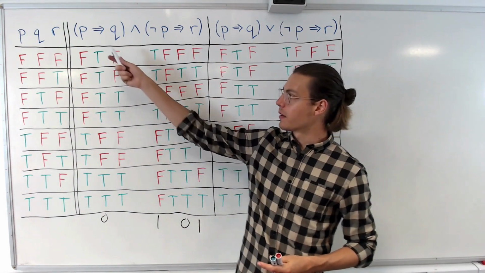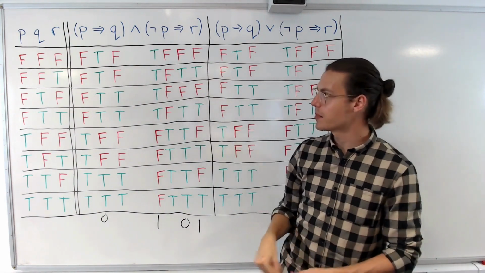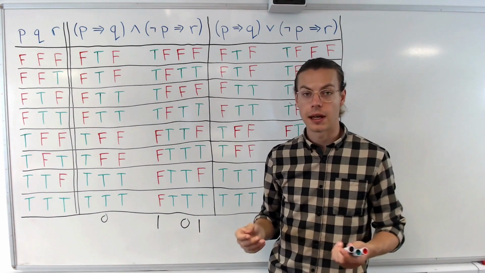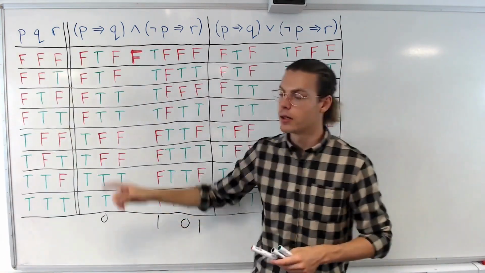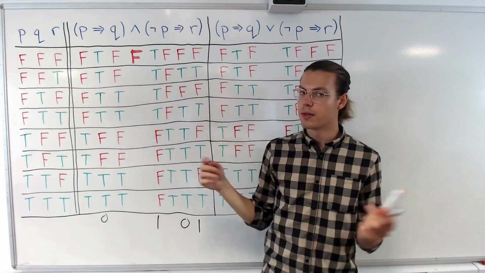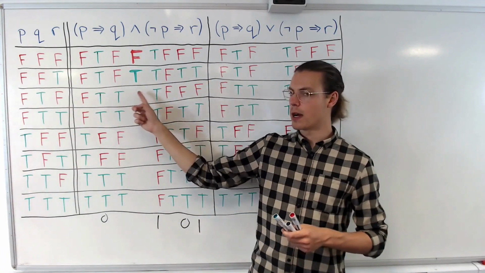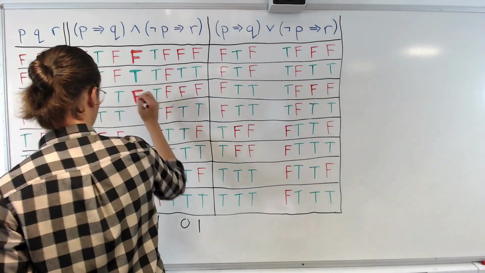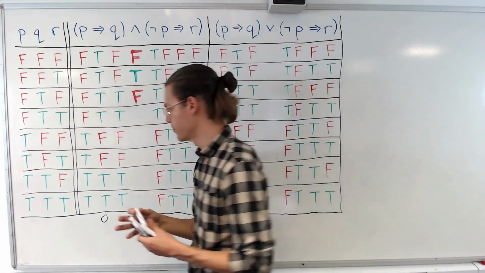Okay, and we're looking at this and this. So first up, true and false, that's false. True and true, that's true. True and false is false. True and true, true.